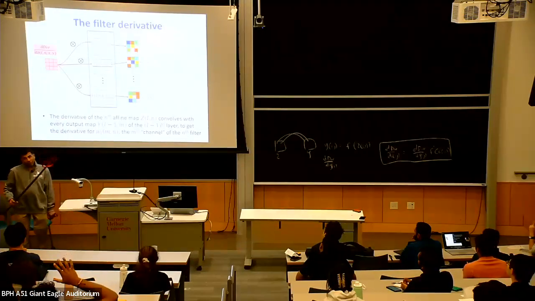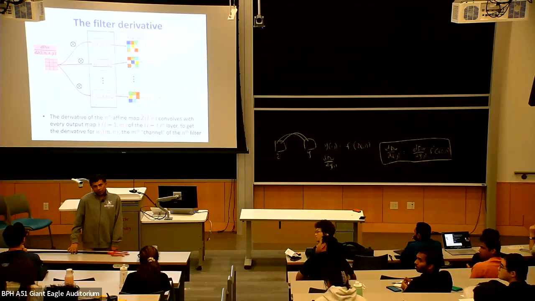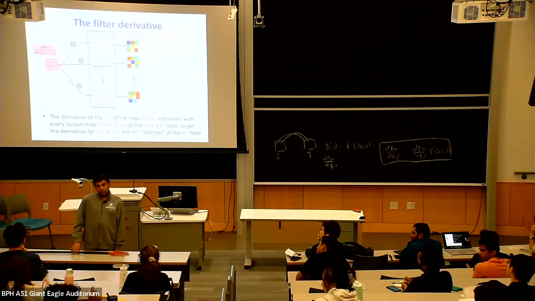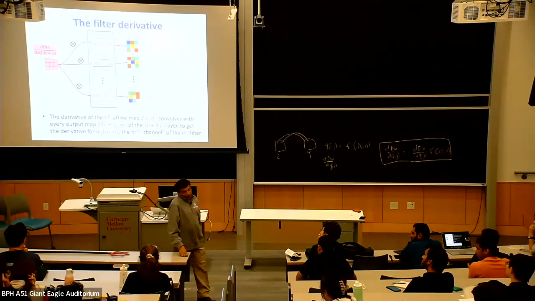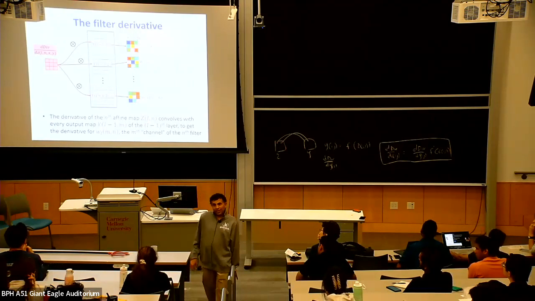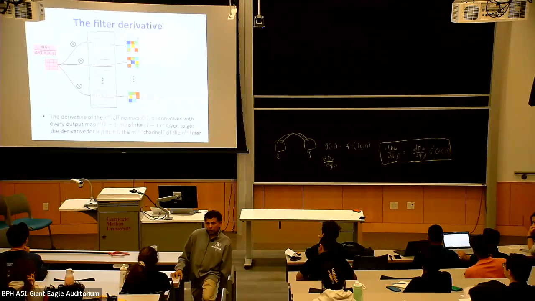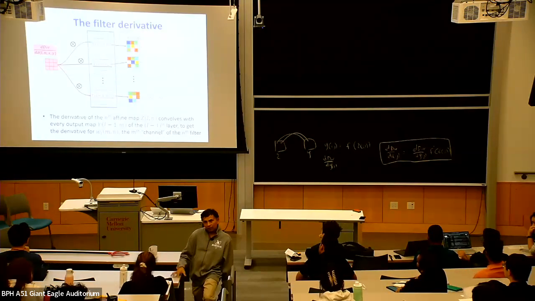There is no zero padding, the sizes will match up. So you convolve the derivative of the output map with the input channel to get the corresponding channel of the filter. The filter has as many channels as the input map.